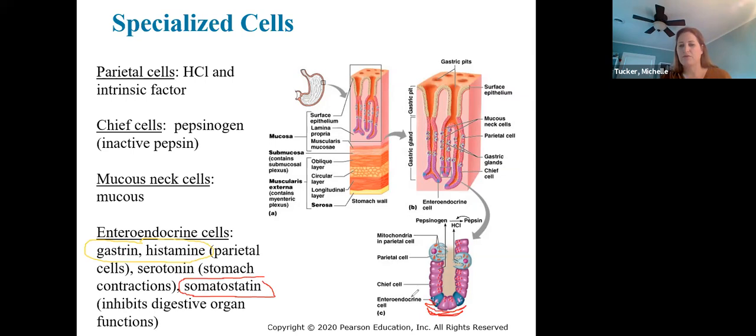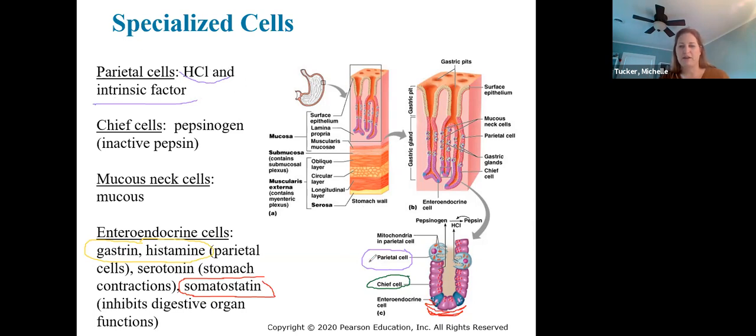If you move up the gastric gland, then you have the chief cell, which is secreting pepsinogen, which will become pepsin to digest proteins. But again, any protein digestive enzyme is going to be secreted in a pro form because we don't activate it until we get into the lumen where it can interact on the proper proteins. Then if you move up a little bit more, we get the parietal cells producing hydrochloric acid and intrinsic factor.